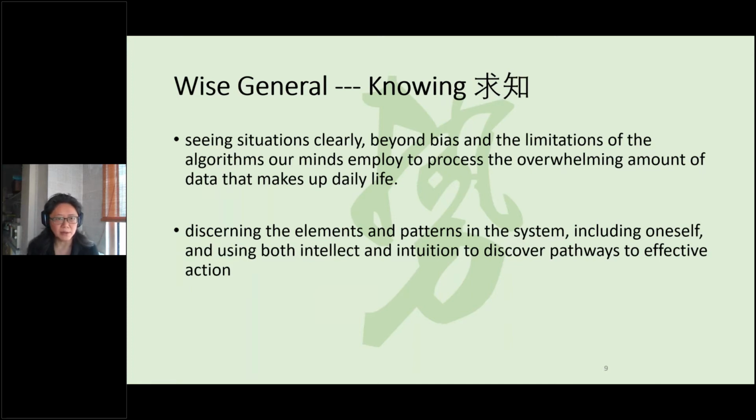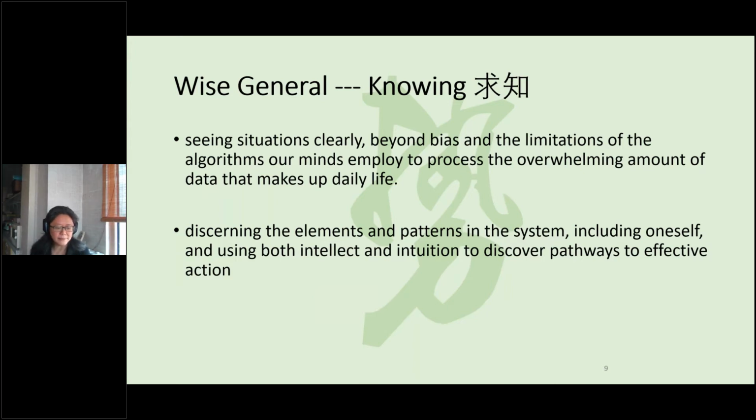And the other part that Sun Tzu meant by knowing is discerning the elements and the patterns in the system, including oneself, and using both intellect and intuition to discover pathways to effective action. So what is the difference that you see here, between the knowing that he meant and the knowing that we usually do?